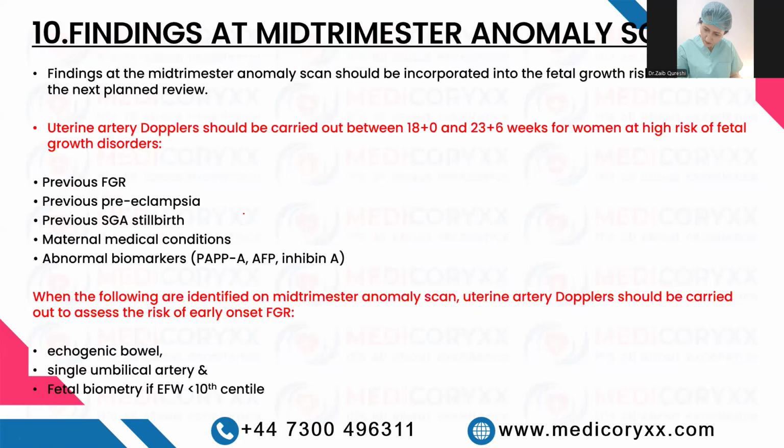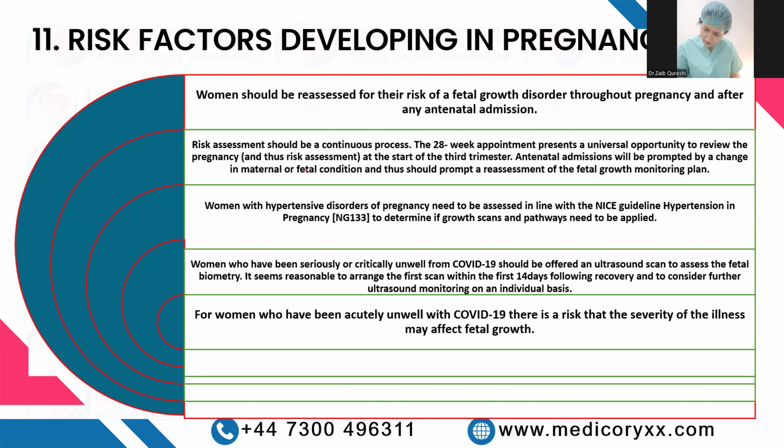Then in the mid-trimester anomaly scan, you will be checking the uterine artery Doppler. At the same time, you will be checking for anomalies in the baby. So you will be looking at echogenic bowel, single umbilical artery, and fetal biometry if the birth weight is less than 10th centile. So you will be picking up the risk factors again.